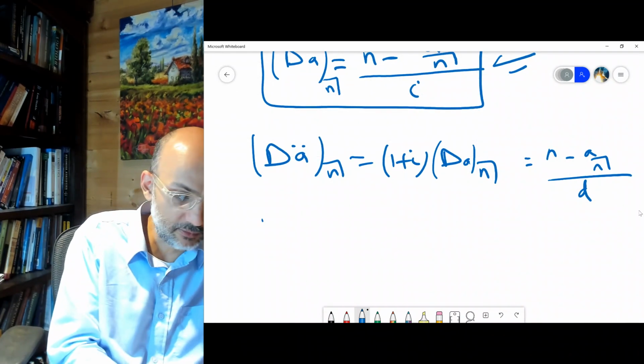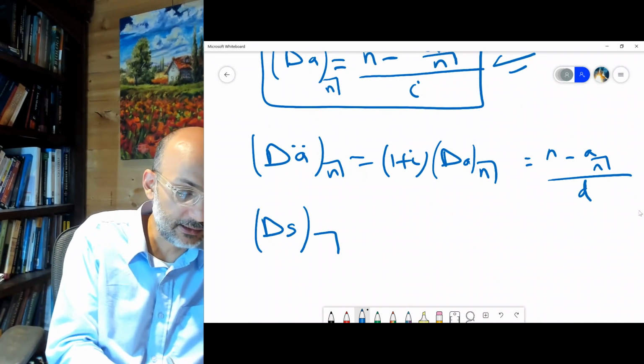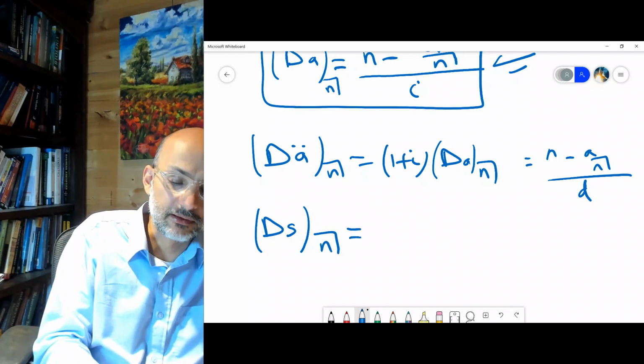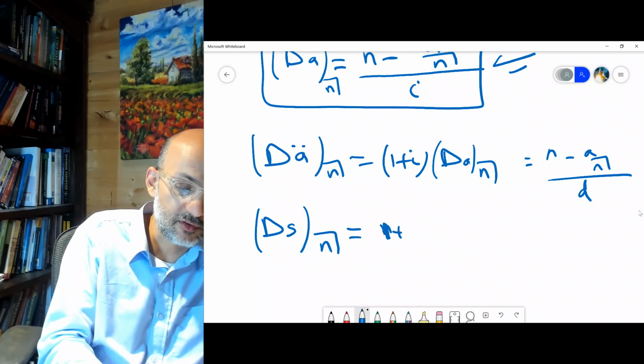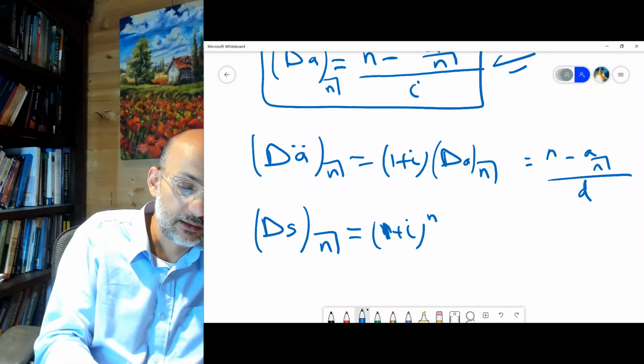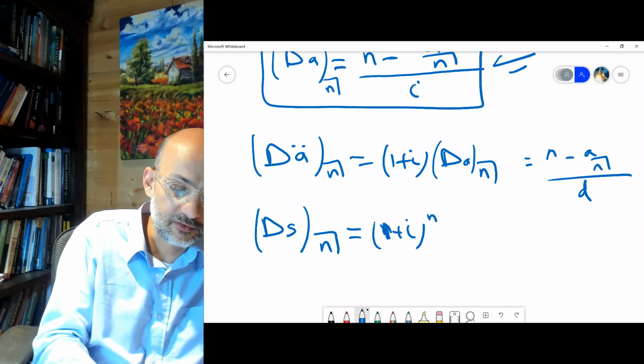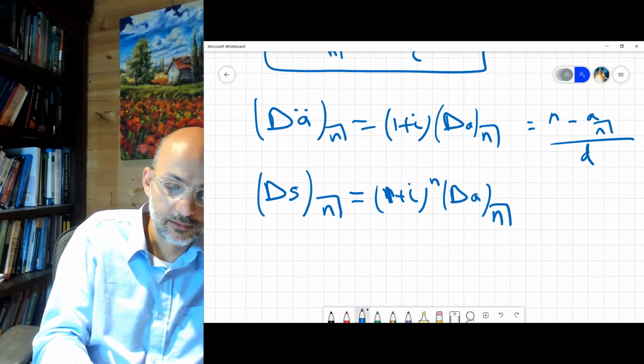But what if you wanted Ds angle n? It's simple. 1 plus i raised to n, and then you look at what type of a here. Because this is accumulation, it becomes Da angle n. Not much.